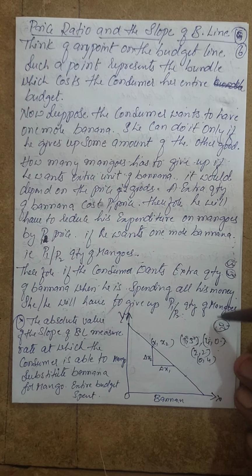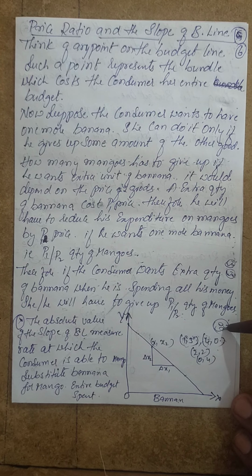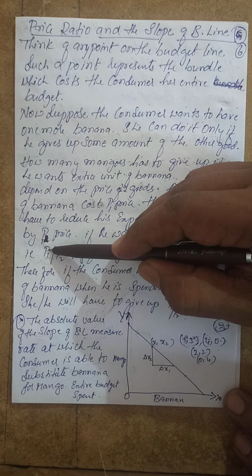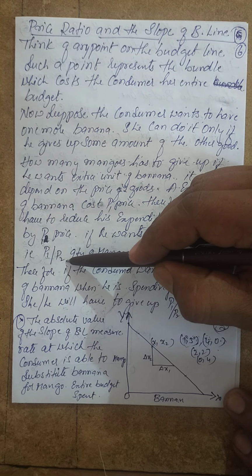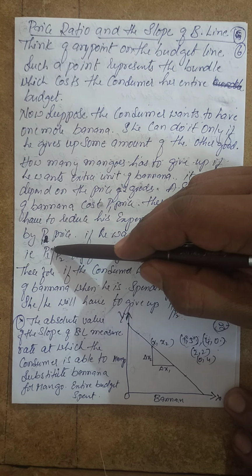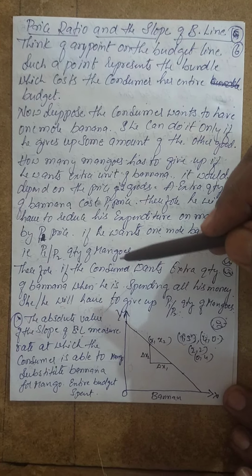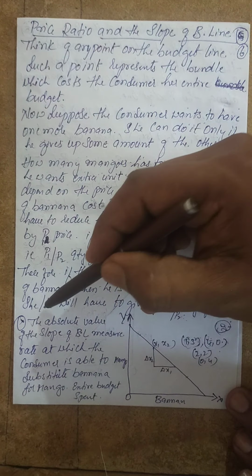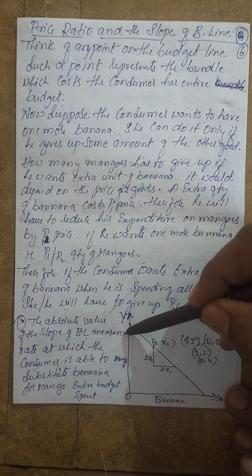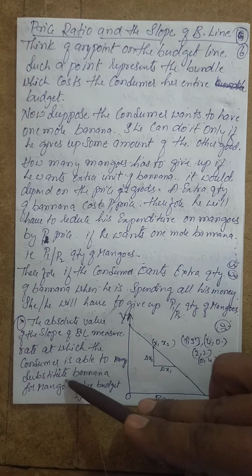So this happens in the budget line always. This we call as a ratio. Ratio with what? Ratio with respect to the price of good 1 and the price of good 2. So it reflects which good we want extra, based on that particular price, it is going to show the ratios. So hence the absolute value of the slope of the budget line is measured with the rate at which the consumer is able to substitute.